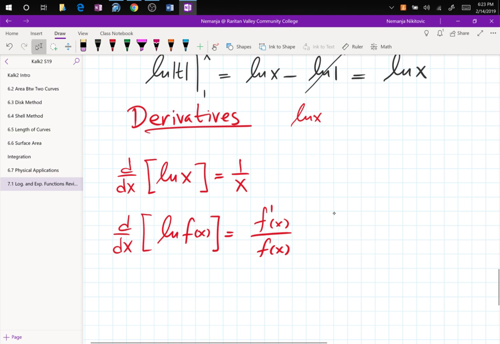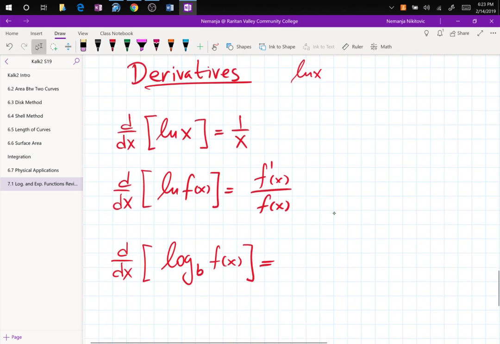And now, let's say that you want general base b. So this would be the boss of all formulas, right? So what do we have?